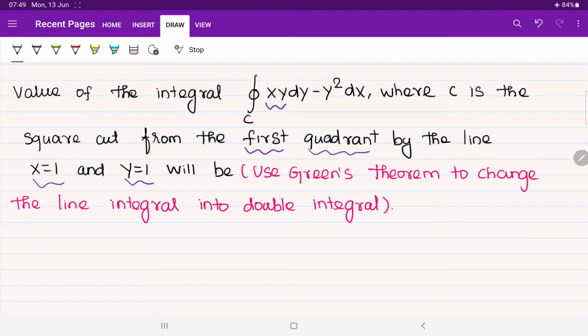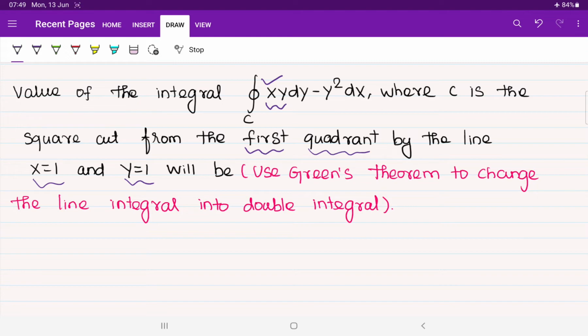In brackets they told to use Green's theorem to change the line integral into a double integral. What they are telling is, in order to get the answer easily, if we use Green's theorem, then we can easily convert this function. Given it is a single integral, right? If you observe, only one integral is given, we can convert it into a double integral. After that, it is very easy for us to bring the answer. They are telling like that.